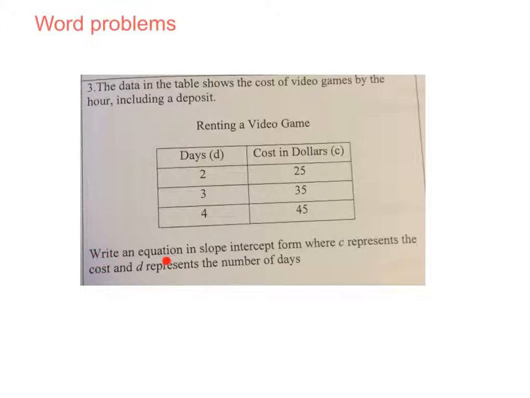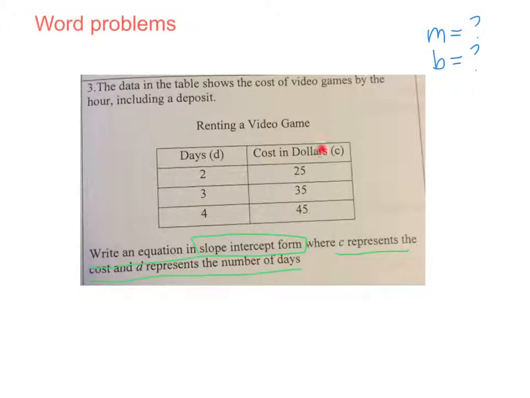They're asking me to write an equation in slope-intercept form, where C represents the cost and D represents the number of days. So if I'm going to write it in slope-intercept form, I need to know what M is, and I need to know what the y-intercept is. To find the slope, we know how to do this.